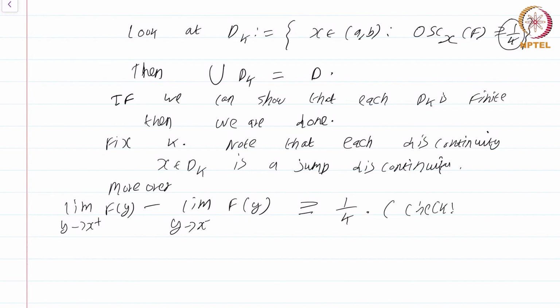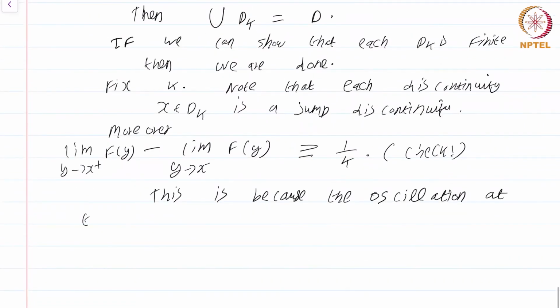This is because the oscillation at the point x is at least 1 over k. Because the function has an oscillation of at least 1 by k at the point x, the right hand limit minus the left hand limit must also be at least 1 by k.